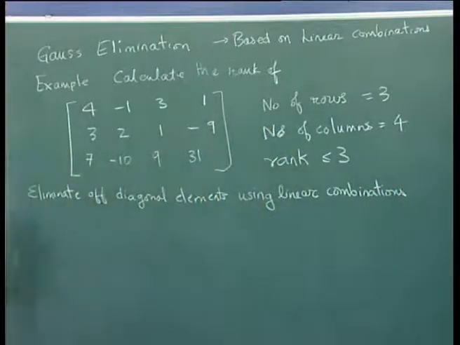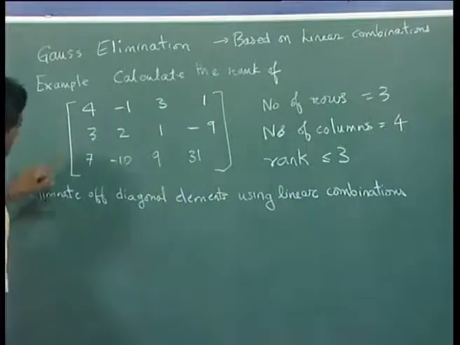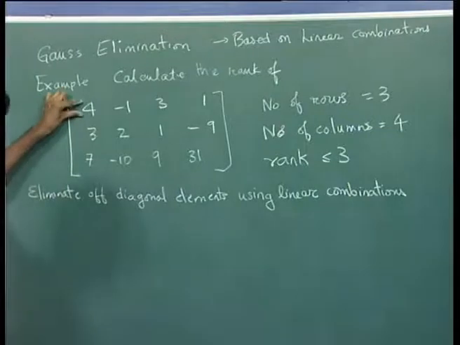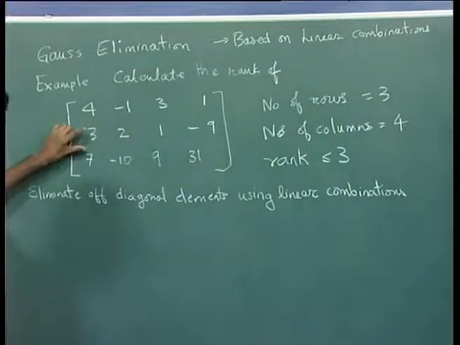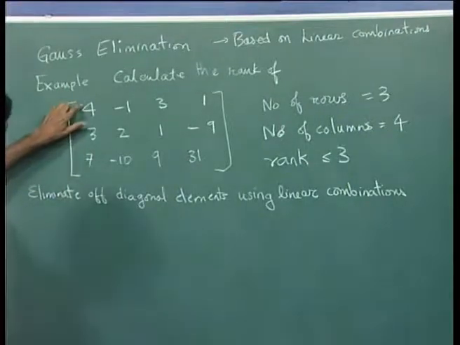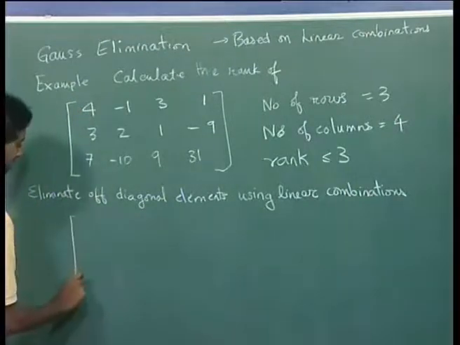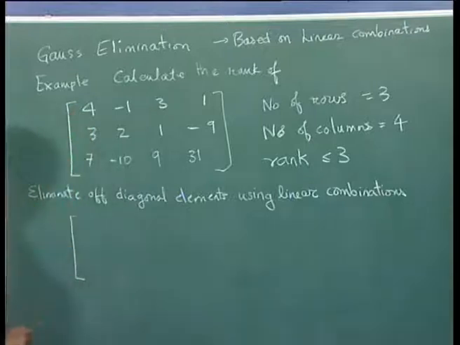So in this case, let's see how this works. If you take this matrix, here you have a 3, you have a 4. If you want to eliminate this, you subtract 3/4 from this row. So you take the second row and subtract 3/4 of the first row.